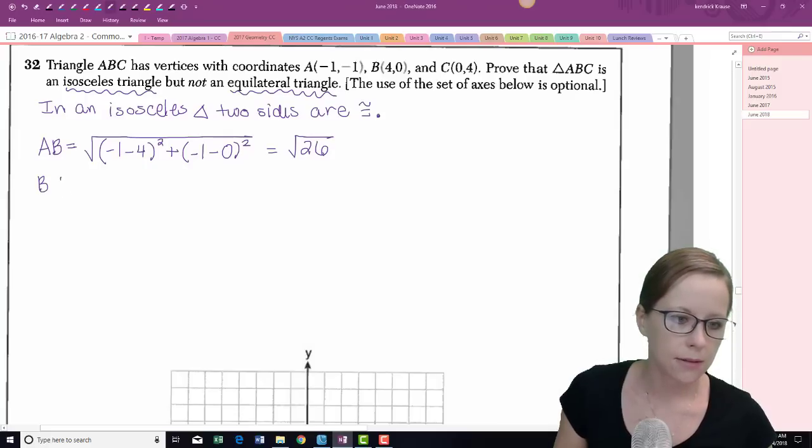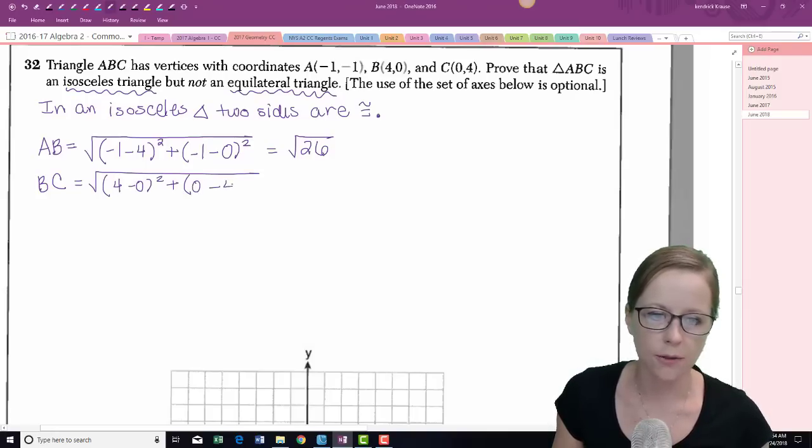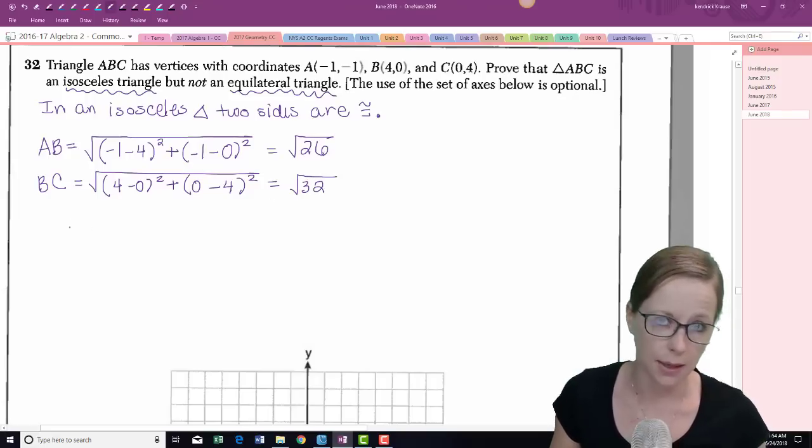B to C is the square root of 4 minus 0 squared plus 0 minus 4 squared, which is equal to the square root of 32. Now notice I'm not getting crazy decimals here.